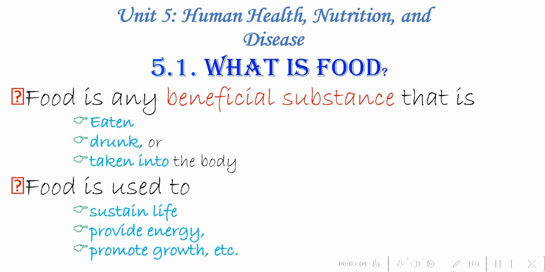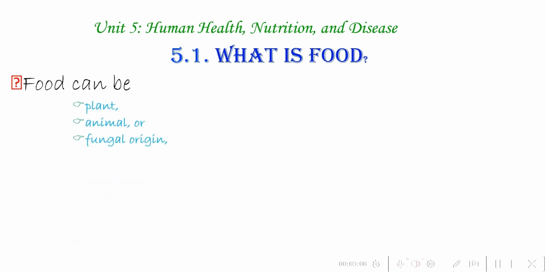So the other thing, the form of a food can be what? It can be a plant. It can be an animal. It can be a fungal source. Meaning a plant, such as orange, cabbage, corn, maize, wheat, vegetables, pineapples, and so on.